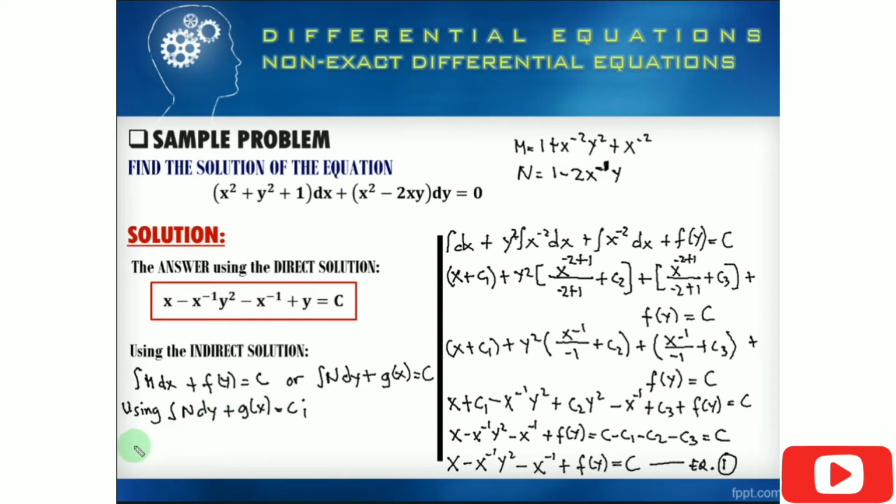So we use this n, so the integral of 1 minus 2 x raised to the negative 1 times y, and then this is dy plus your j as a function of x is equal now to c, okay? So we distribute the integral. So this would be integral of dy minus, so we extract this 2 x raised now to the negative 1 integral of y dy, okay, plus your j as a function of x is equal now to c, okay?